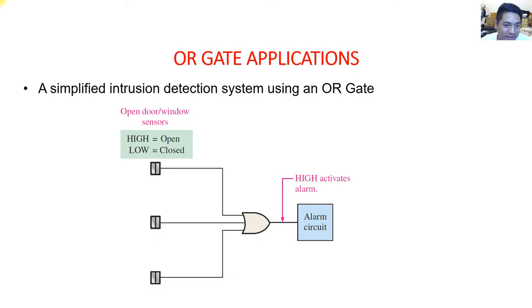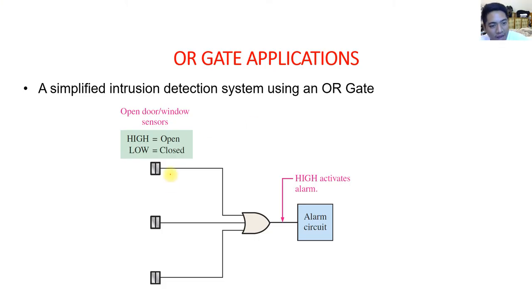We don't want to wait for at least two windows, or all 3 windows, to be opened before the circuit alarms. No. If only one of the windows becomes open, definitely we have a thief coming into our house.